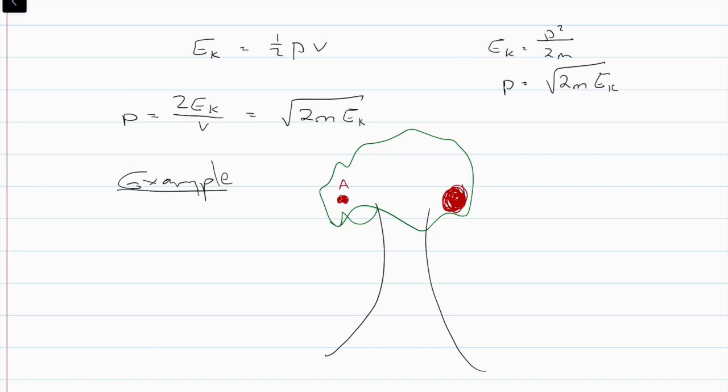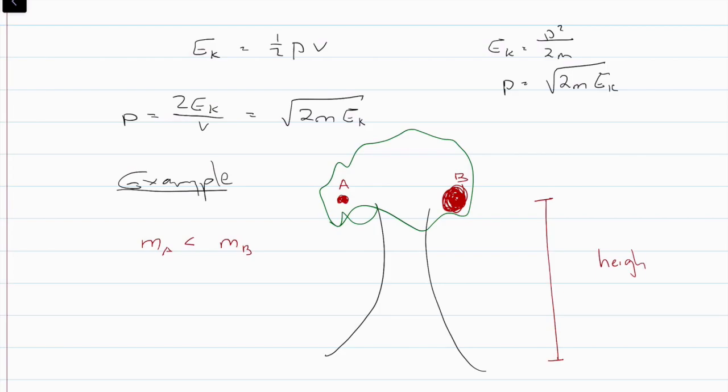I'm going to label this A and label this B. So the mass of A is less than the mass of B, and they fall from the same height.